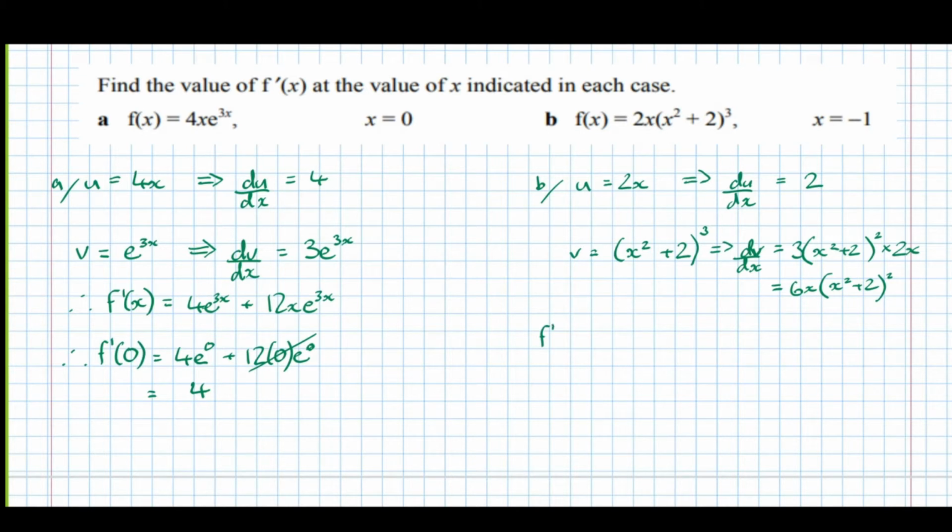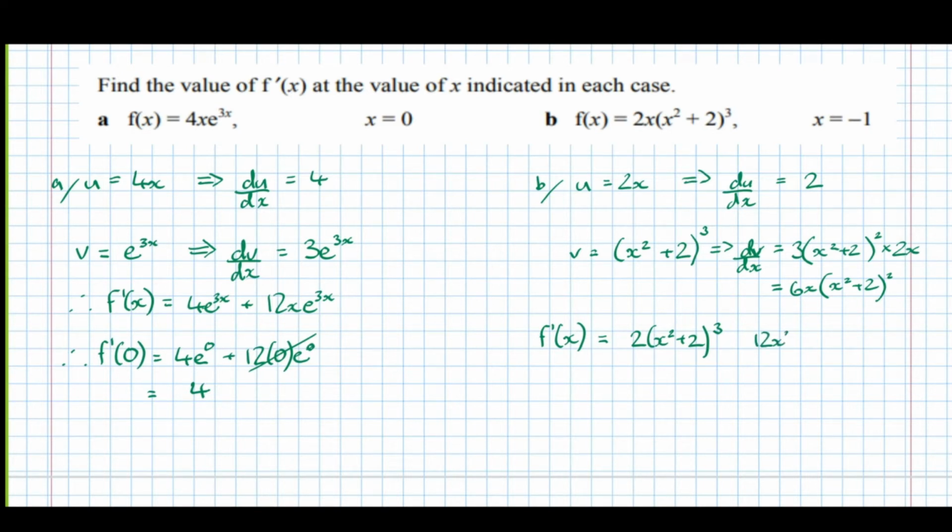So now using the product rule, v du by dx times those two together plus u dv by dx times those two together.